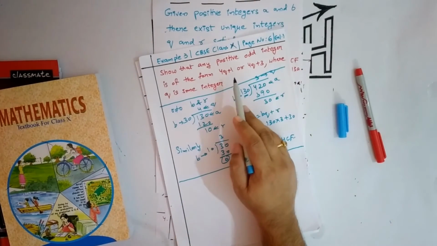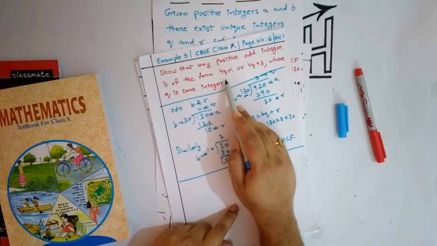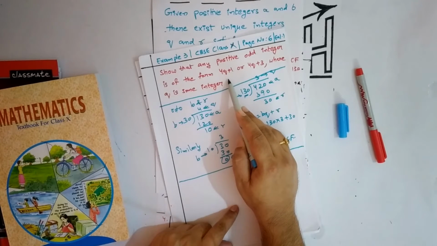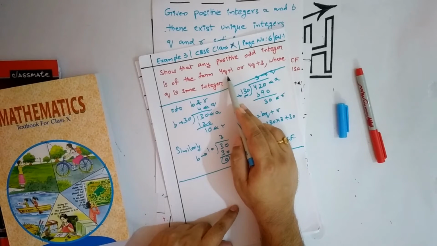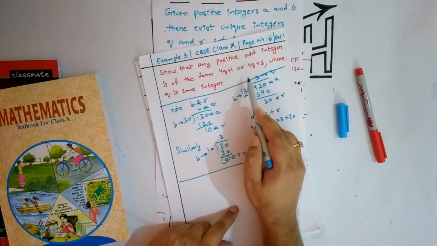In the question, one thing that we have to notice is that it is given as 4q plus 1 or 4q plus 3. This is bq plus r, so b is equal to 4. Let's say the question was given as 3q plus something or 2q plus something.